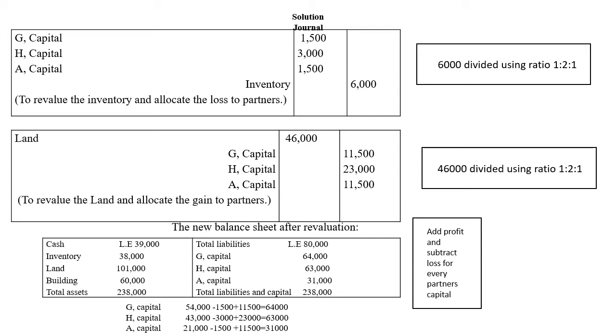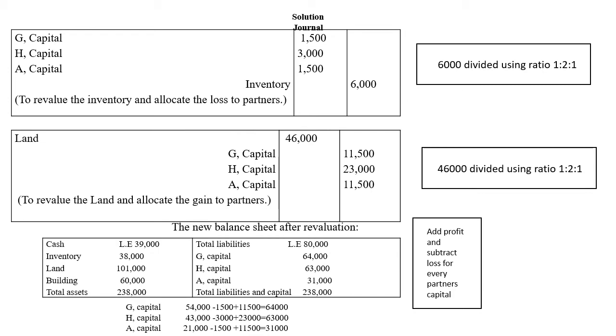For G capital and H capital and A capital, you notice that the beginning capital, you subtract from it the value of the loss from the inventory, and you add to it the value of the profit from the land. For example, for G capital used to be 54,000. That's in the given balance sheet. It was 54,000.